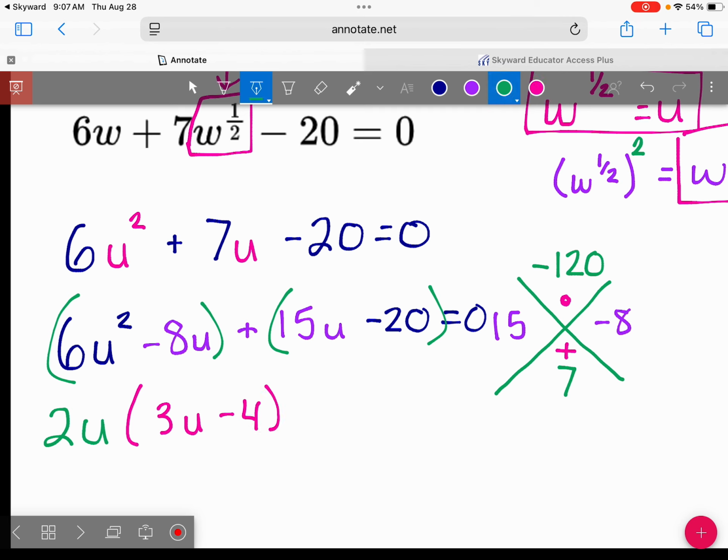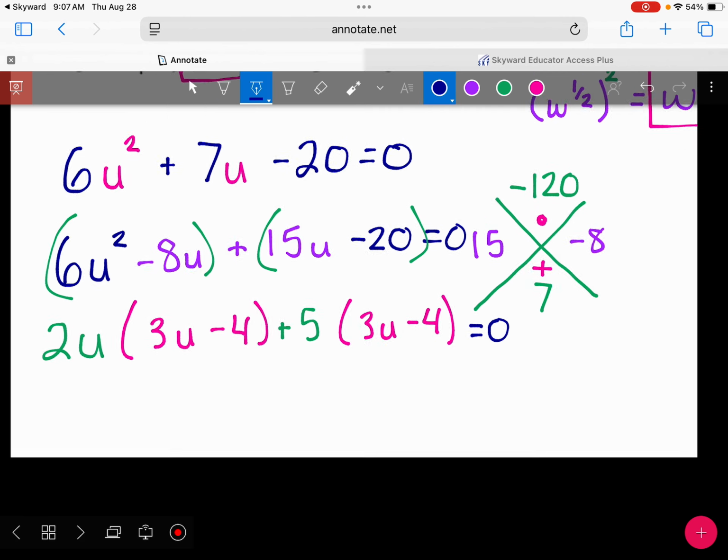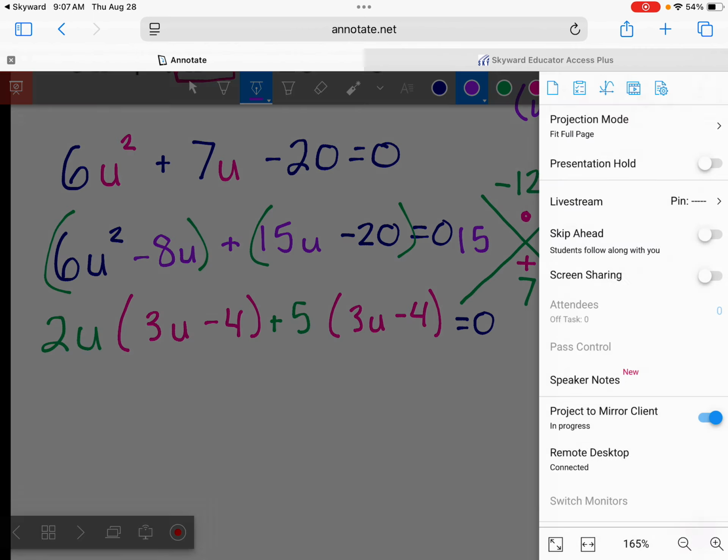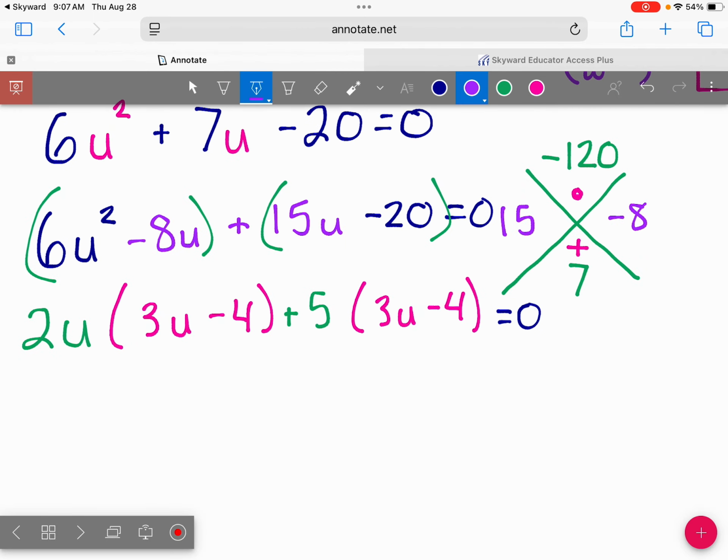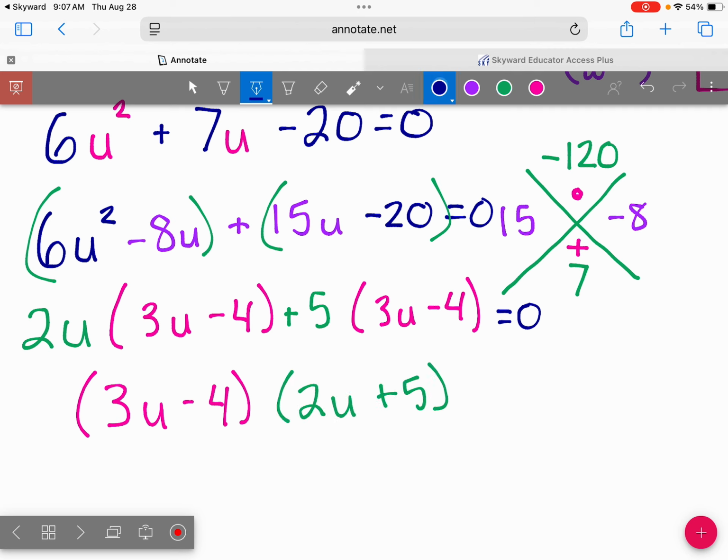And I can take a 5 out of the next one, leaving me again with a 3u minus 4. So our factored form here, I'm just going to change my view real quick. When we get this in factored form, we have our 3u minus 4 and our 2u plus 5. Questions on that bit? We're done up to here.